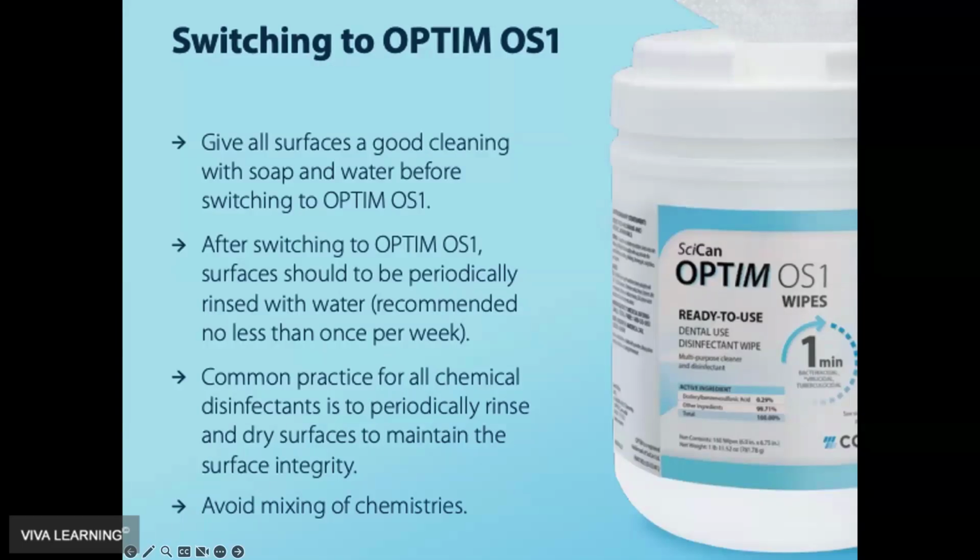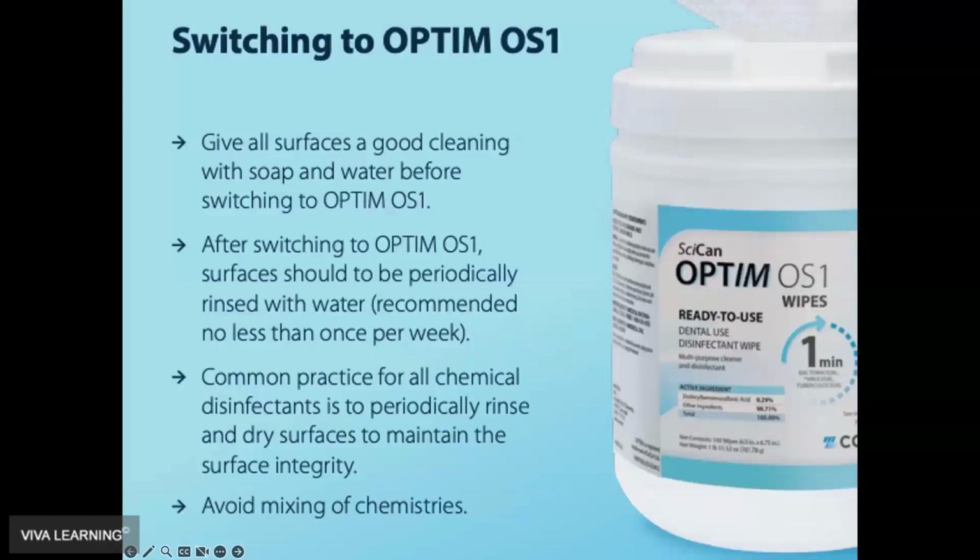Once you do switch to Optima OS 1, then periodically all surfaces should be rinsed with water, and it's recommended to do this at least once per week. And once again, you want to remove the residual chemicals to protect your surfaces. Next, it's a good idea to rinse and dry surfaces to maintain surface integrity with any chemical that you might be using.